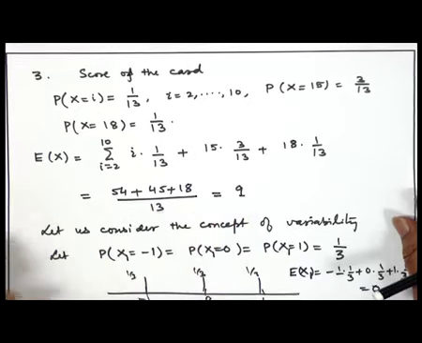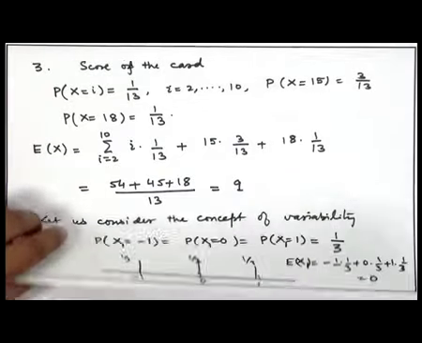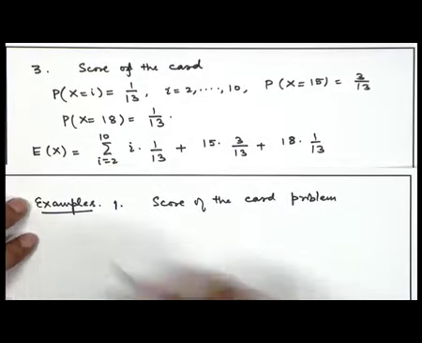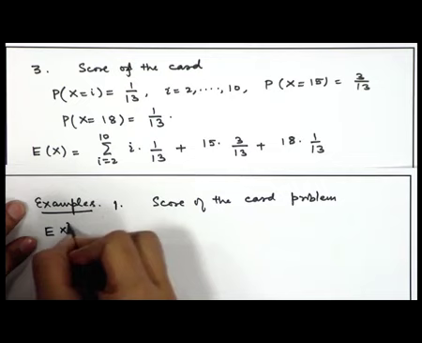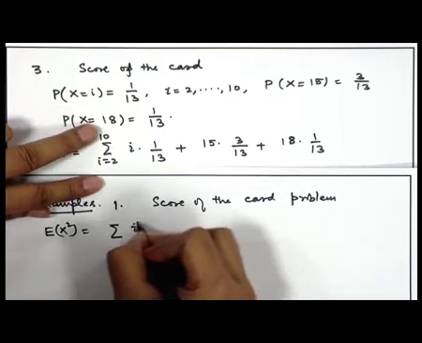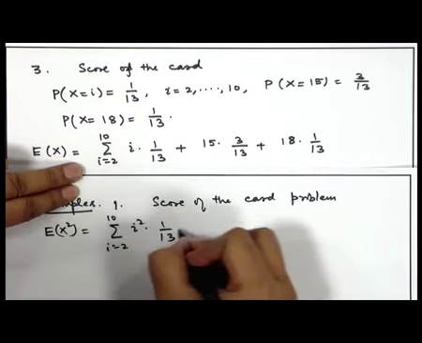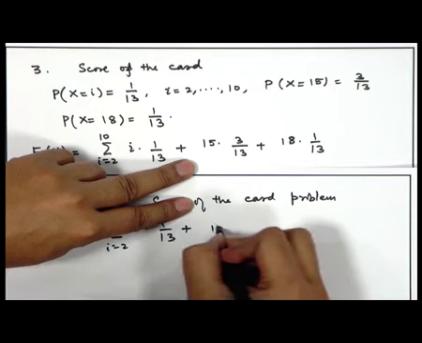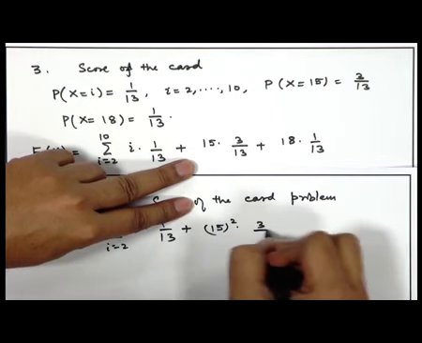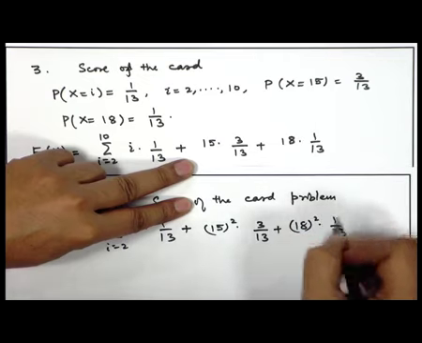Now for the same one, if I calculate expectation of x square, it will become sigma i square 1 by 13, i equal to 2 to 10, plus 15 square into 3 by 13 plus 18 square into 1 by 13.